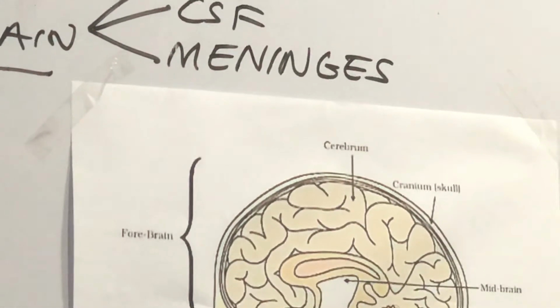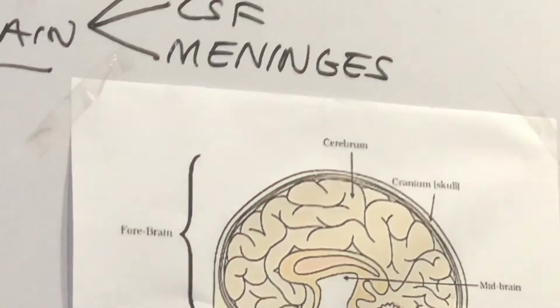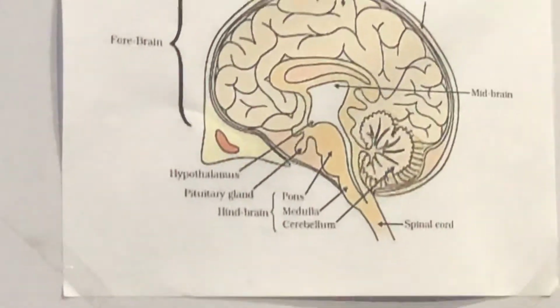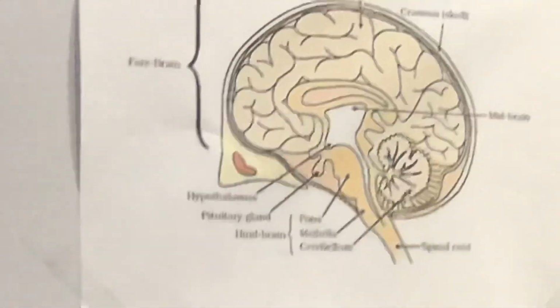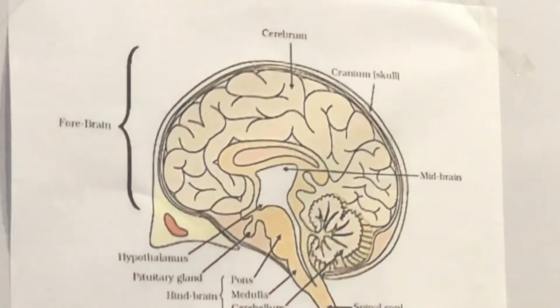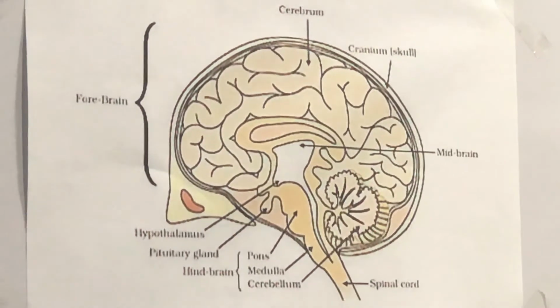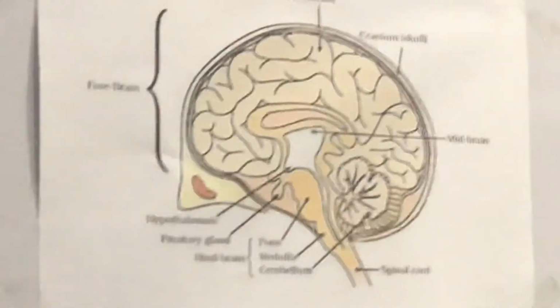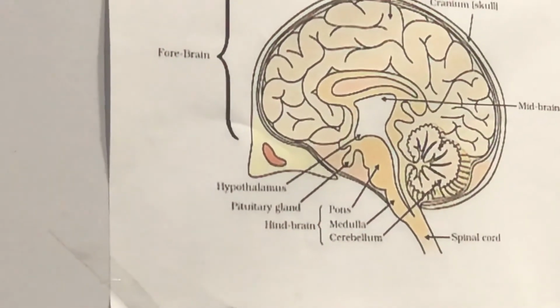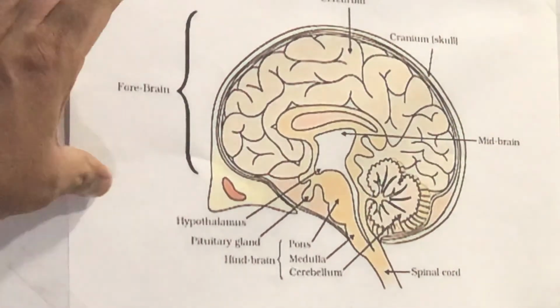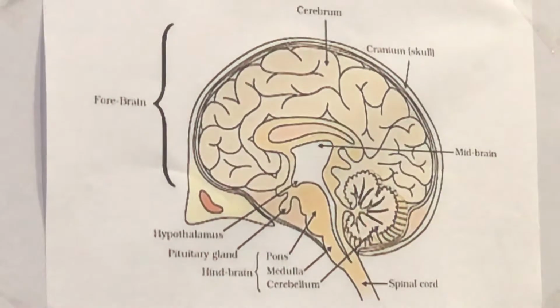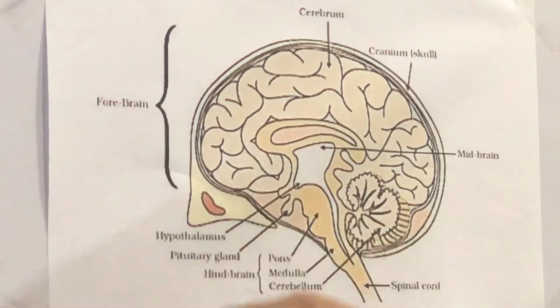As you can see in the diagram on the board, you are looking at a magnified view of the same diagram from your textbook. First, the forebrain, your head, is mainly the cerebrum.